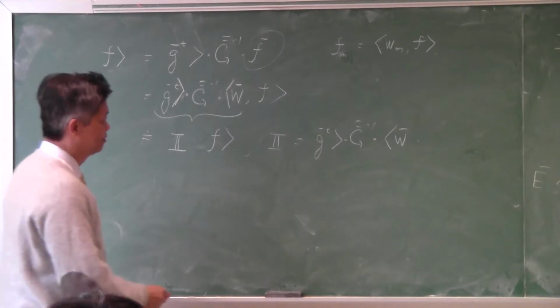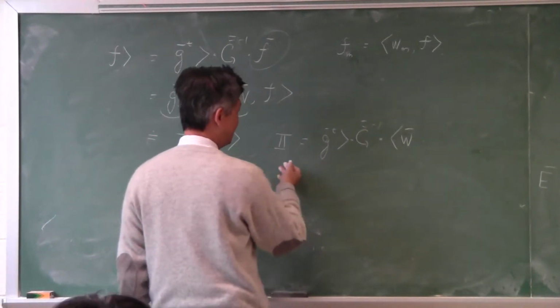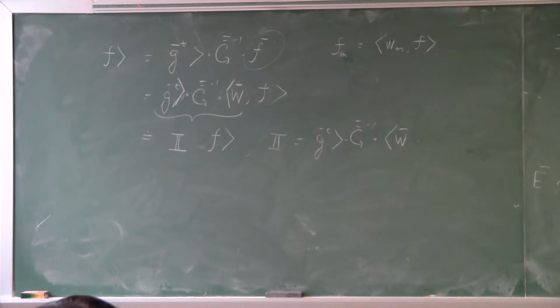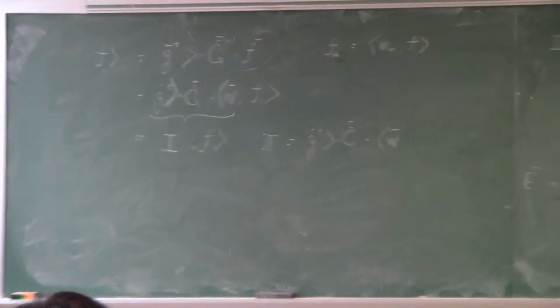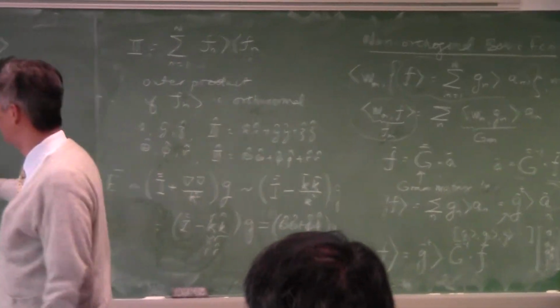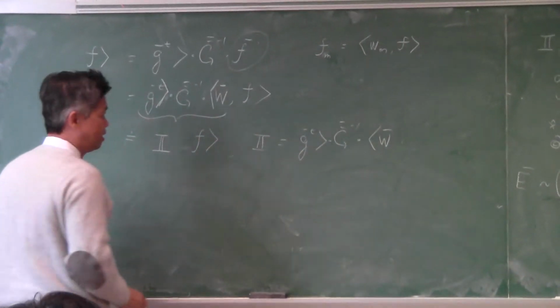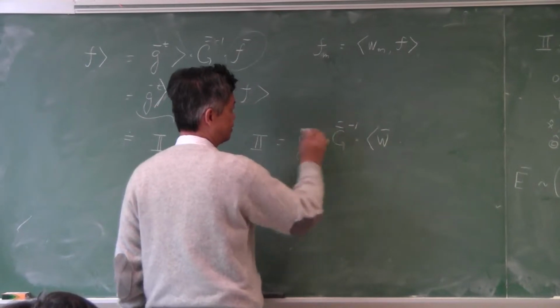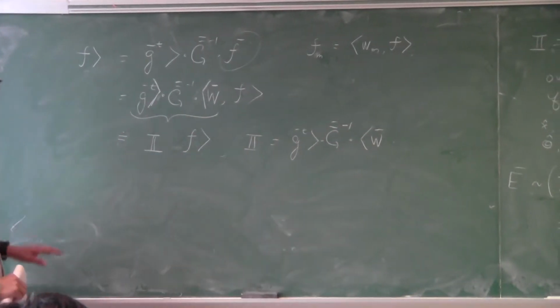So this is the approximation of the identity operator for non-orthogonal bases. For orthogonal bases, it's very simple to define. We just have to define it this way. But if the basis is not orthogonal, you end up with this being your definition of the identity operator, where this is the inverse of the Gram matrix. Okay, this is the inverse of the Gram matrix.